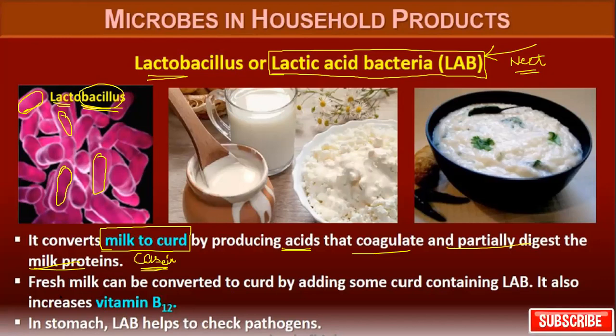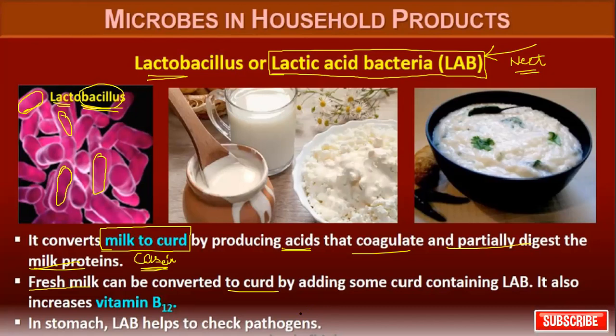Next, fresh milk can be converted into curd. You might have seen in your homes, your mother adding a small amount of curd into the fresh milk which has to be turned into curd by the daybreak of the next day.